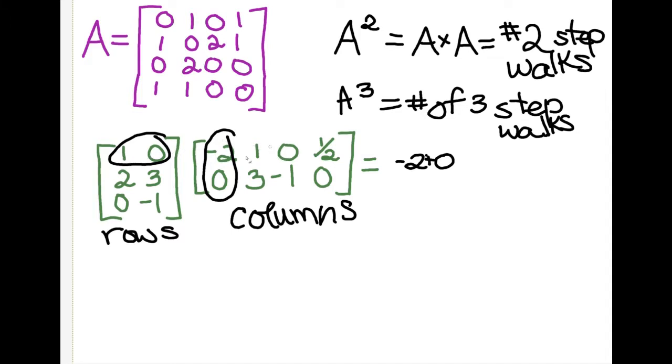Then I'm going to move over to the next column. I'll stay in the first row and do the next column. So I'll look at 1 times 1. 0 times 3. So 0 times anything is 0. Still in the first row, move to the next column. 1 times 0. 0 times -1.